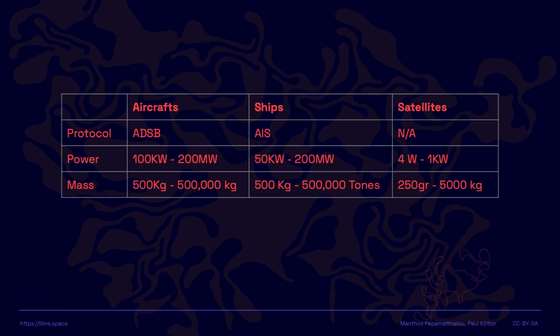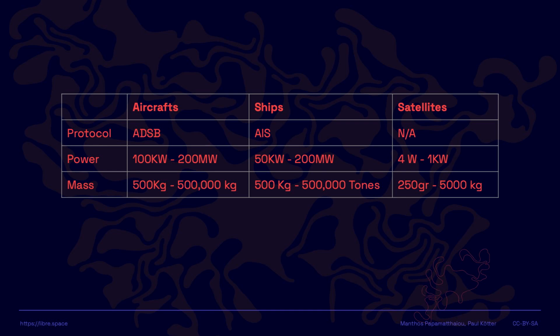For satellites, there is no such thing. You can send a satellite without any beacon, and the only way to find its position is to have a huge radar that can locate satellites, but not identify them, just locate them. One of the biggest challenges is power: ships and aircraft have orders of magnitude more power than satellites.